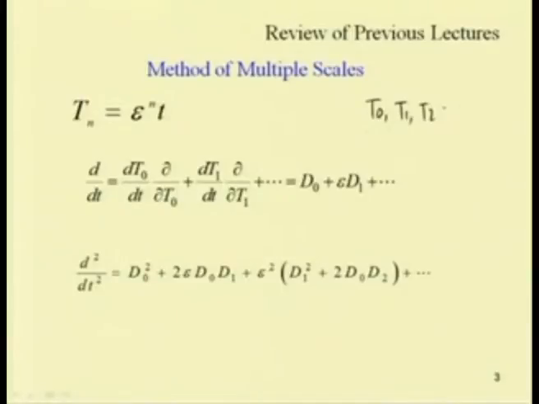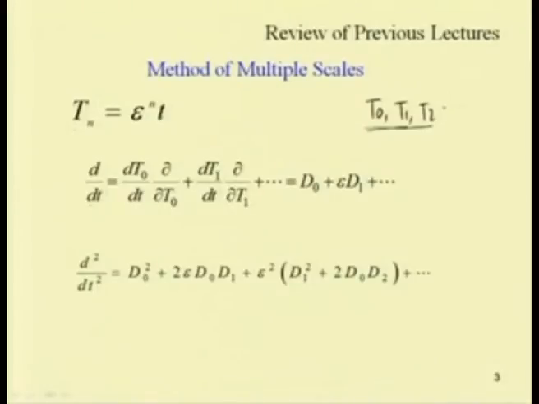By substituting these different time scales in the original differential equation of motion and separating the terms with different orders of epsilon, we get a set of equations. From those equations we can eliminate the secular terms to get the frequency equations.